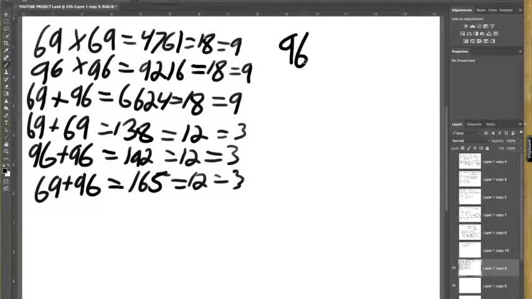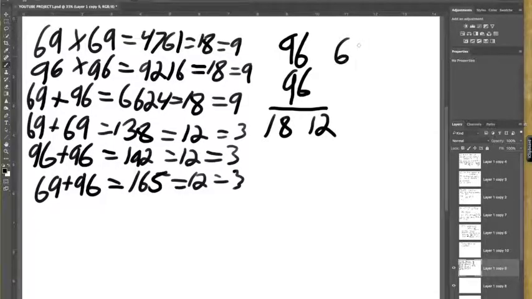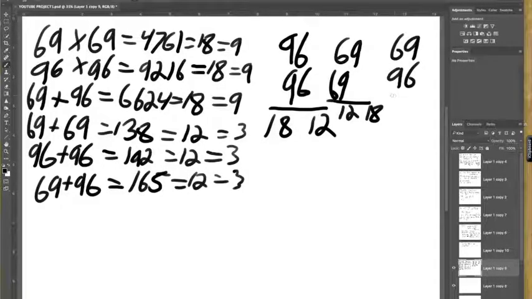If you put 96 over 96 and you add down, you get 18 and 12, and then you get a 69 over 69, and you get a 12 and an 18, and you get a 69 over a 96, and you get 15 and 15.